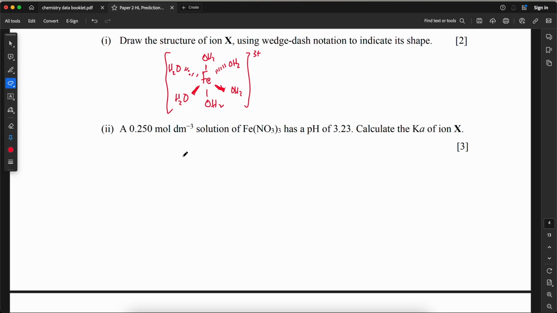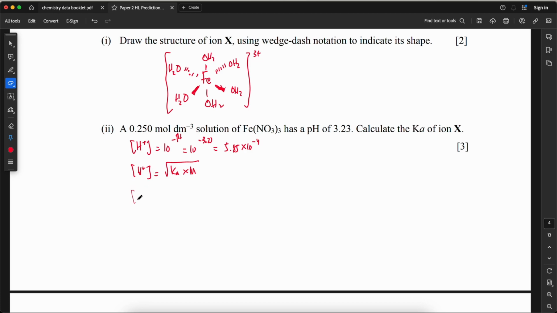Calculate the Ka of ion X. So H plus is 10 to the power negative pH, which is 10 to the power negative 3.23, and it's 5.85 times 10 to the power negative 4. So to calculate H plus, the formula is the square root of Ka times M, right?